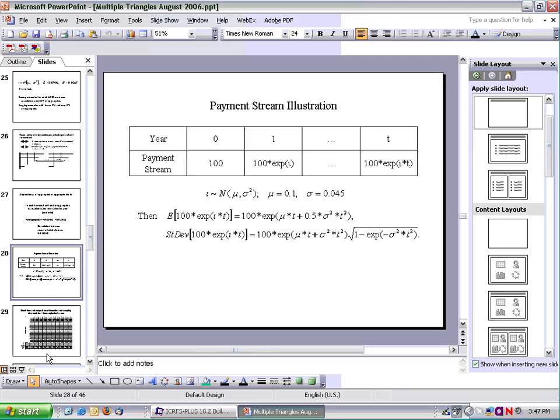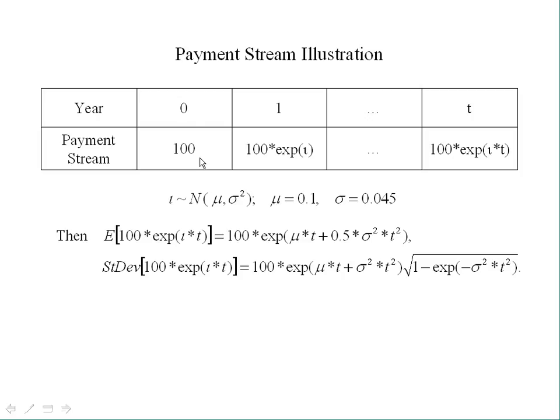This is a study you can do in your spreadsheet, and it's similar to the relationship between a normal distribution and a log normal distribution. Let's suppose in year 0 you pay $100. In year 1, you pay $100 exponential of I, where I is the inflation rate. In year 2, you pay $100 the exponential of IT, I is the inflation rate.